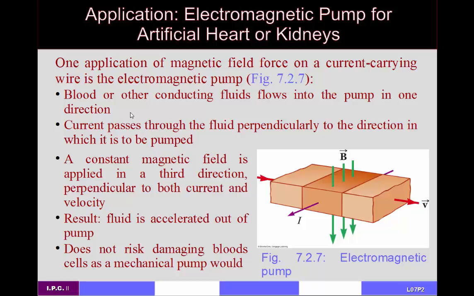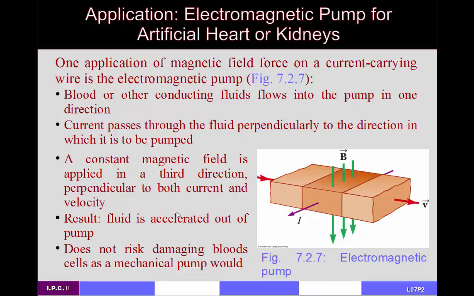Well, a mechanical pump, and your heart is in a sense a mechanical pump, but an artificial heart might be a mechanical pump. We'll do this by basically physically pushing on the blood, but you have to have some sort of a paddle or something that will spin through here, or a chamber that compresses and expands to do that.